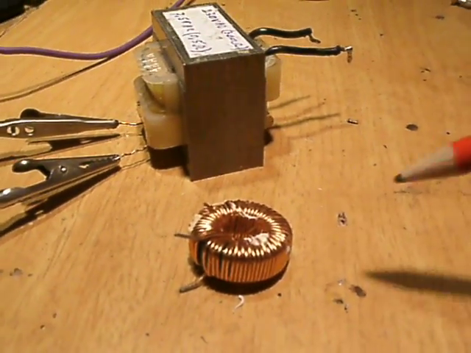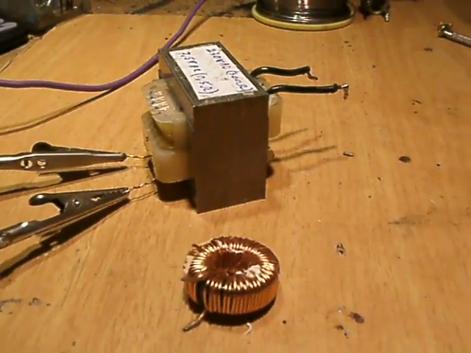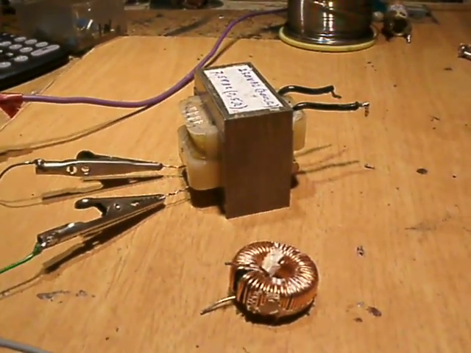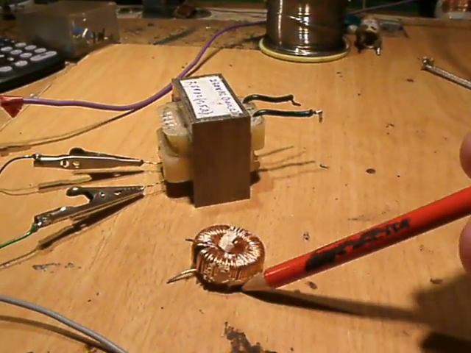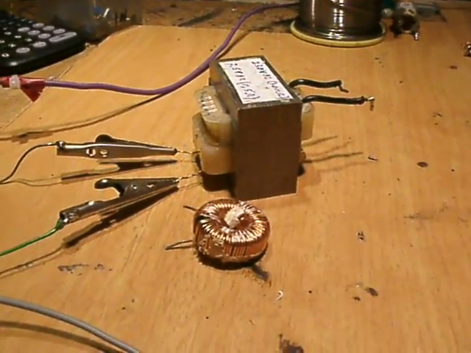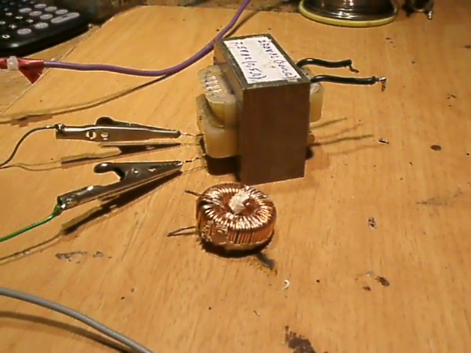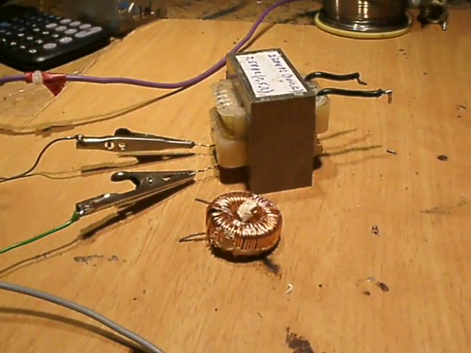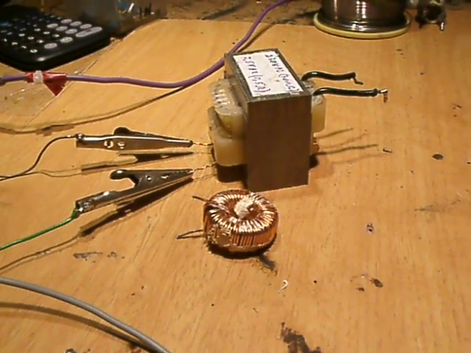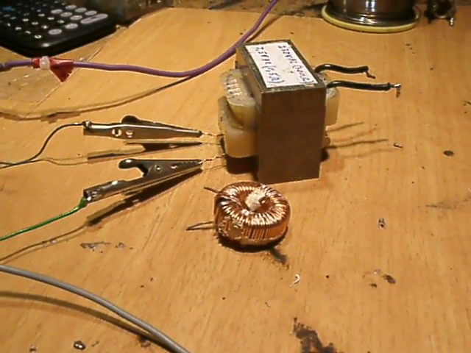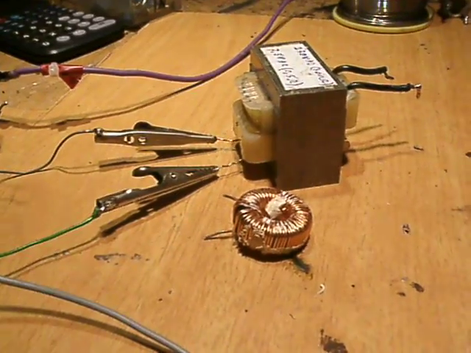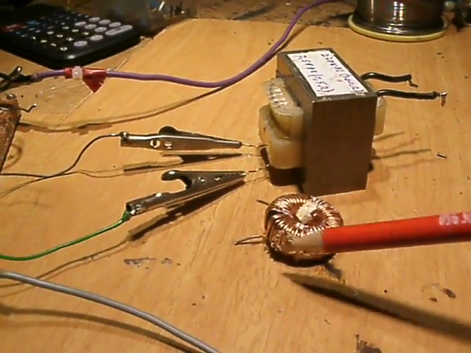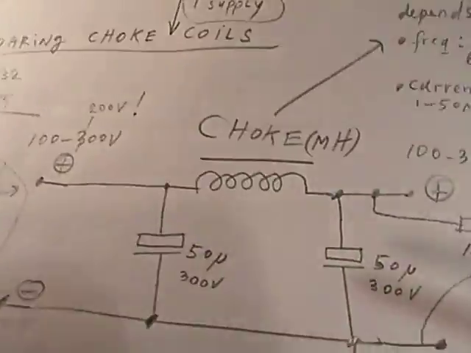This is, for instance, a coil that I found in a computer power supply, and I'm almost sure it's usable in another power supply, for instance for a tube amplifier, so a high voltage power supply operating on, let's say, 100 volts or 300 volts. I think it's a good choke coil in this application.